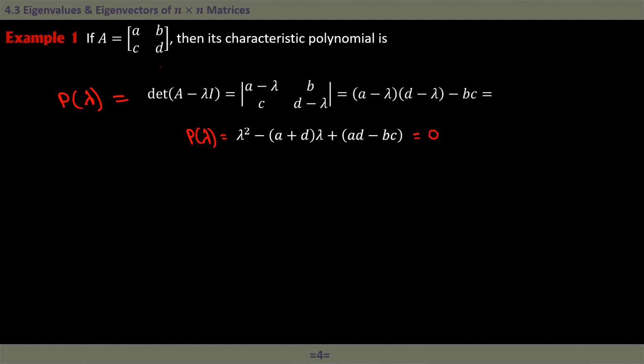As you see, if the matrix is 2 by 2, we get a polynomial of degree 2. If it is 3 by 3, we get a polynomial of degree 3. If it is 4 by 4, we get a polynomial of degree 4, depending on the size of the matrix. When the degree is higher than 2, say 3, we can still solve it by factorization.